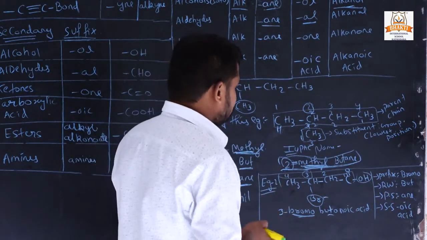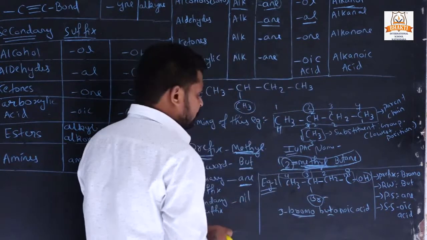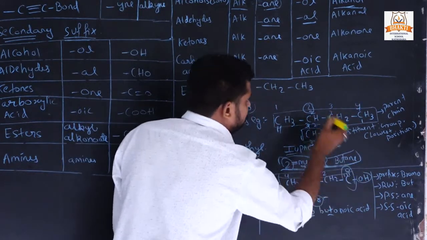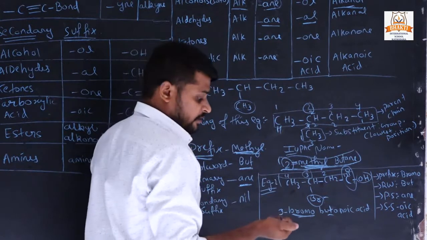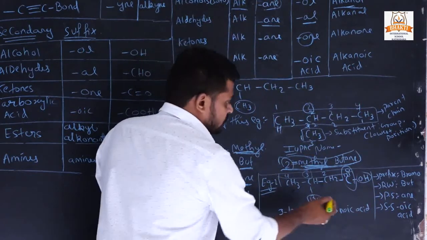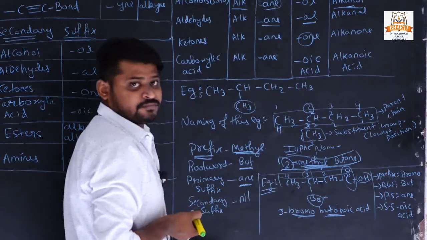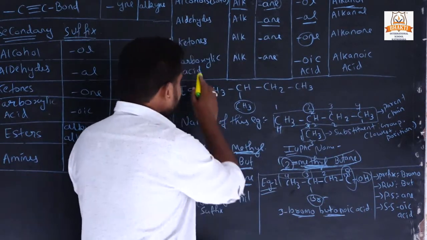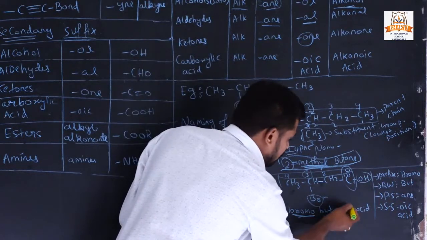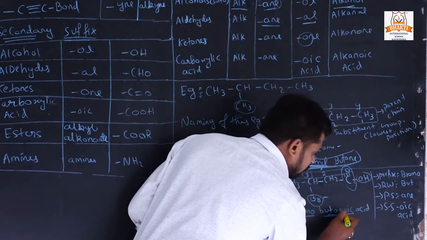Now the secondary suffix is here OH, and it is from here, the double bond, meaning C double bond O. This is our ketone, and for ketone we use only ONE, so it is butanone. And for carboxylic acid, here ANE, and since OH is also present, it becomes OIC.